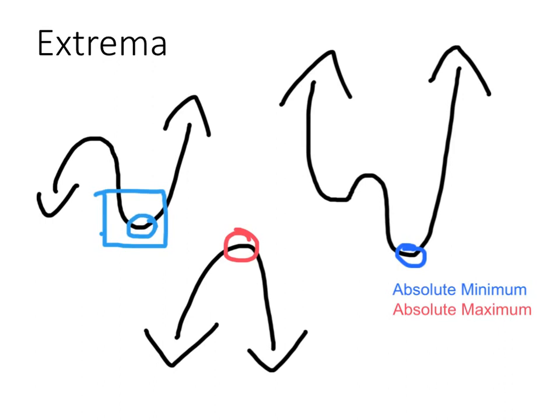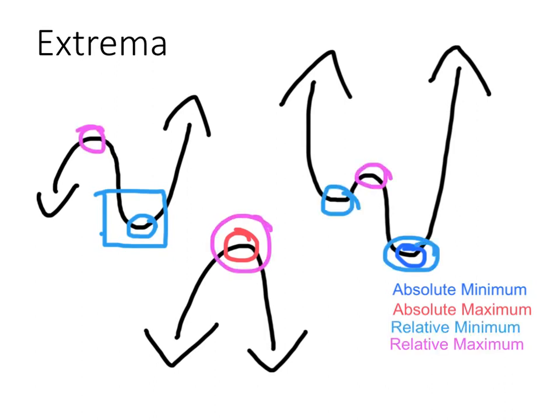It's also where the graph turns around. You'll notice on the left side the function is decreasing, and on the right side the function is increasing. So highlighted in light blue are all the relative minimums, and highlighted in pink are all of the relative maximums.